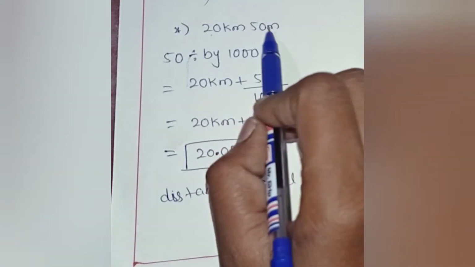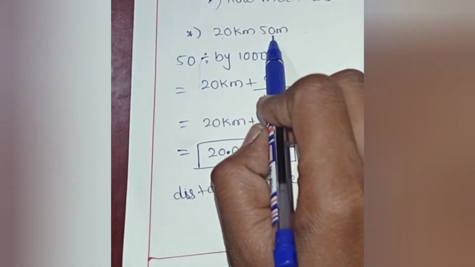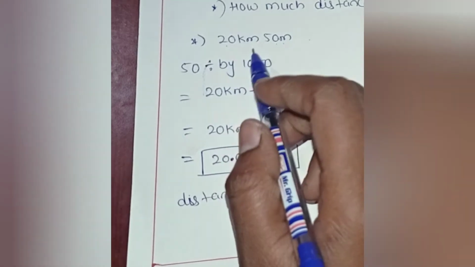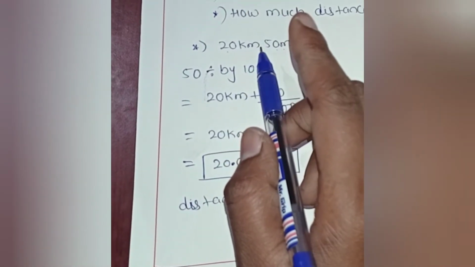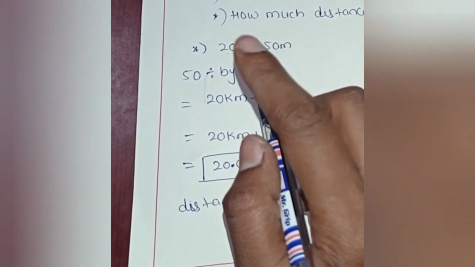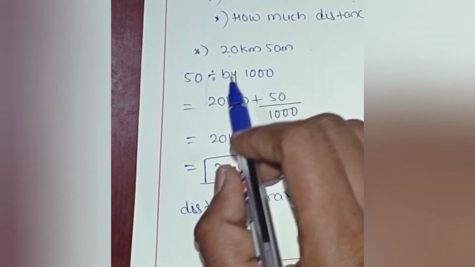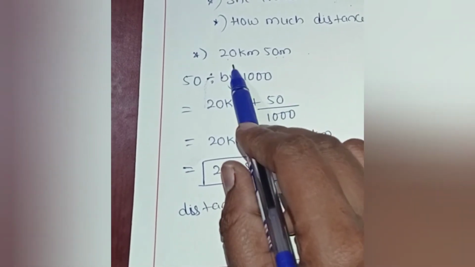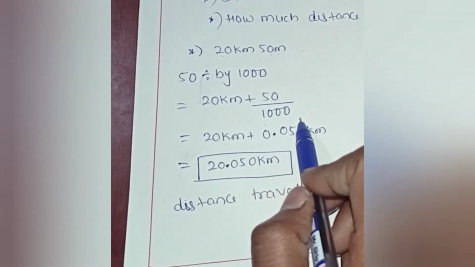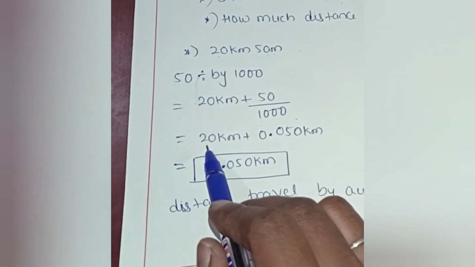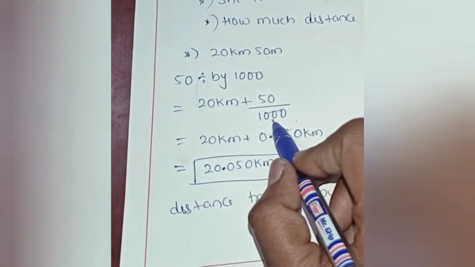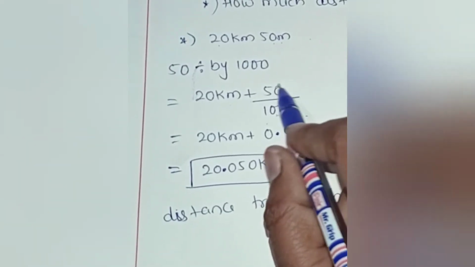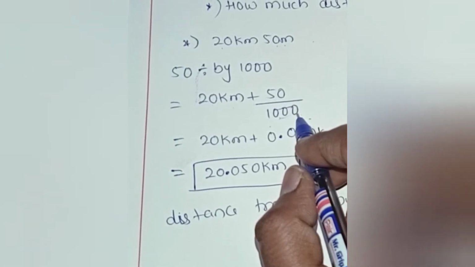20 kilometer 50 meter. So to convert meter to kilometer, what I'll do? I'll divide by 1000 or multiply by 1 by 1000 or 0.001, right children? So 50 divided by 1000, 20 kilometer I'll write as it is, plus 50 by 1000. So here 20 kilometer, see here in the denominator I have 3 zeros, that's why from numerator, from right side after 3 numbers I should take decimal point.